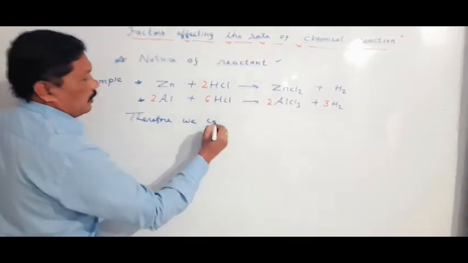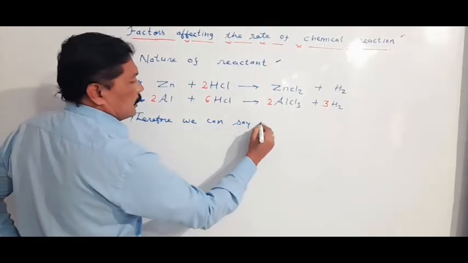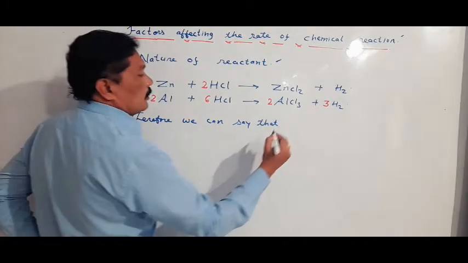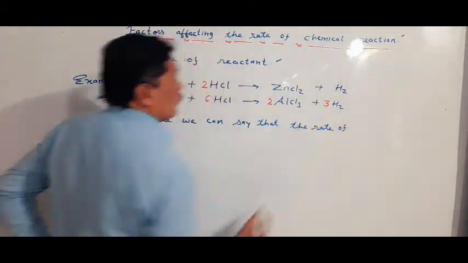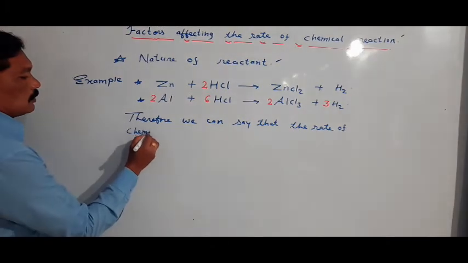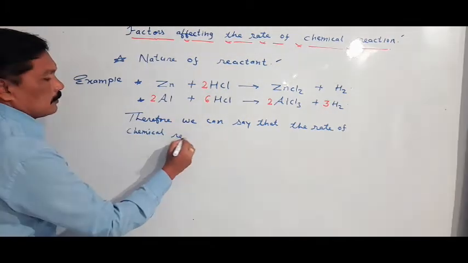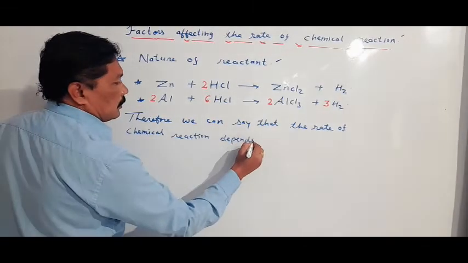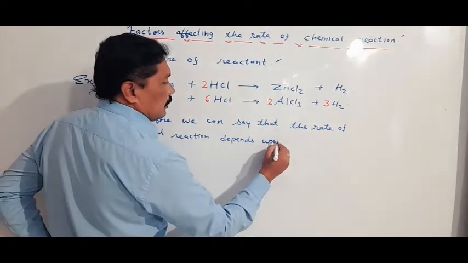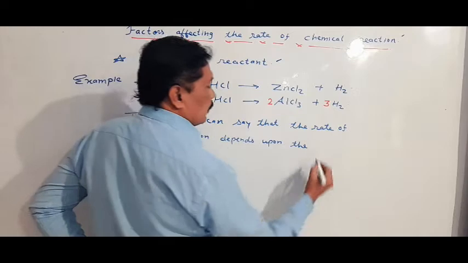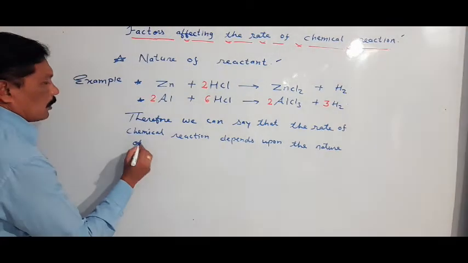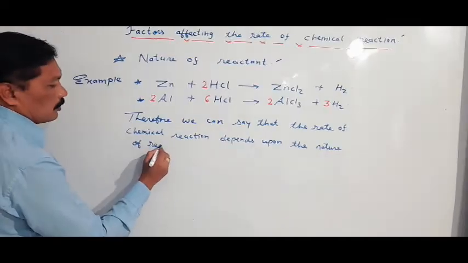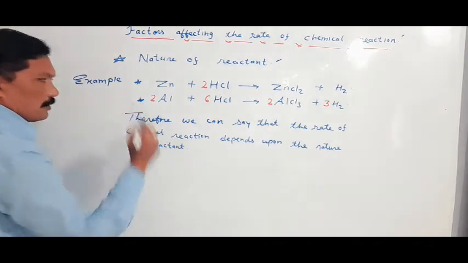Therefore, we can say that the rate of chemical reaction depends upon the nature of reactant.